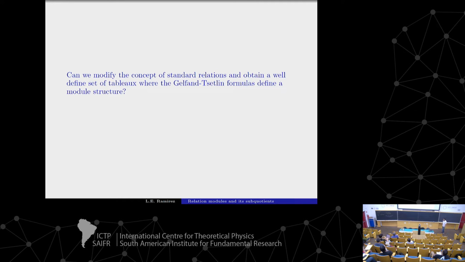Okay, so the question that allows us to construct these relation modules is the following.